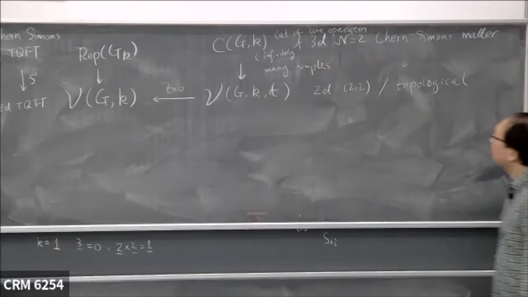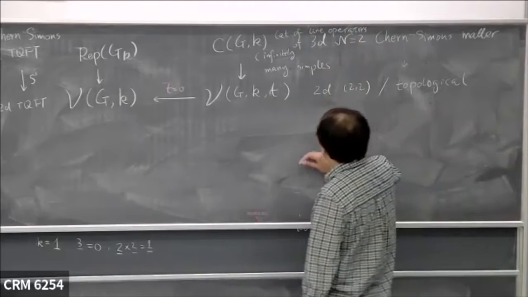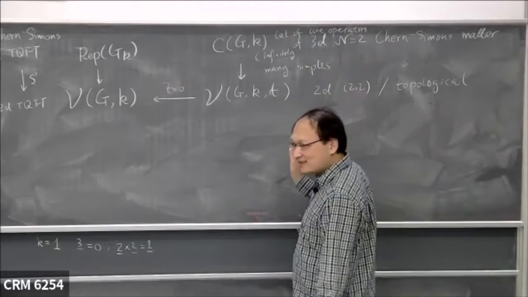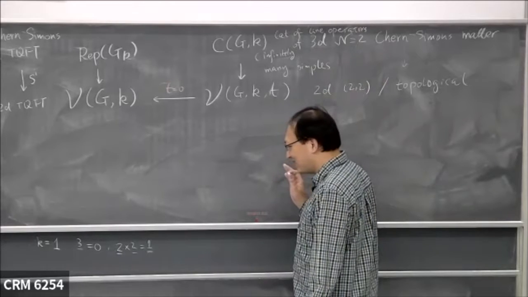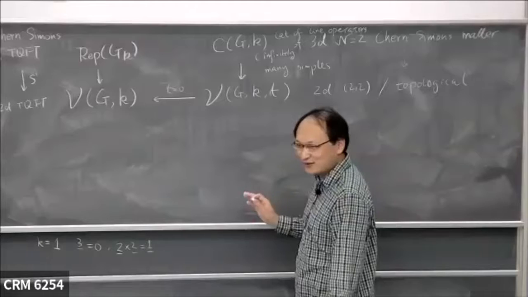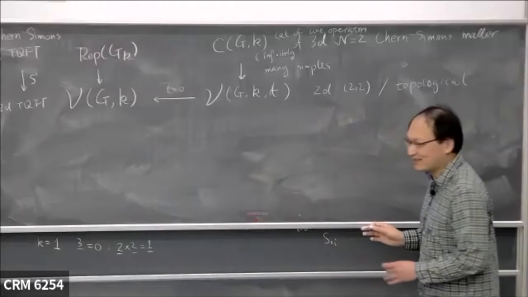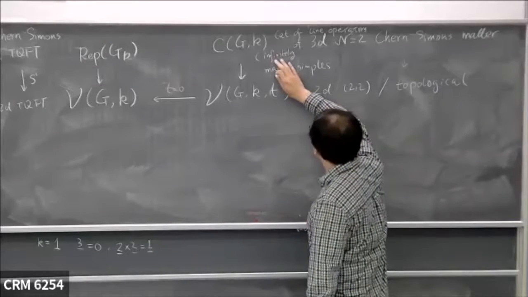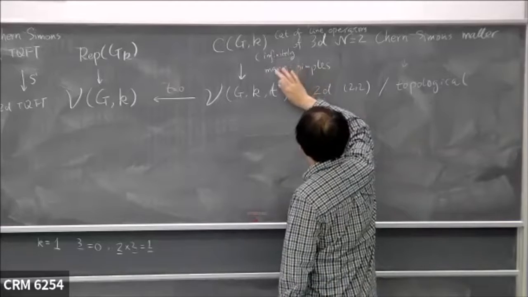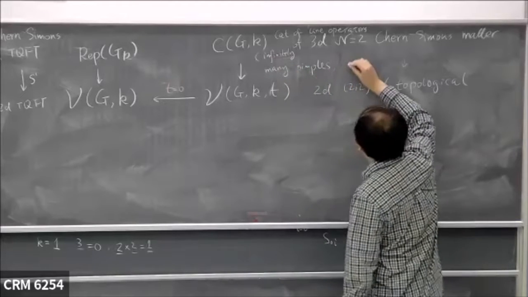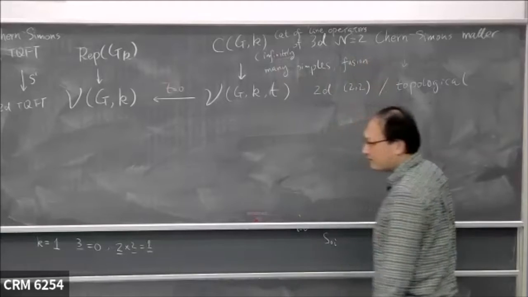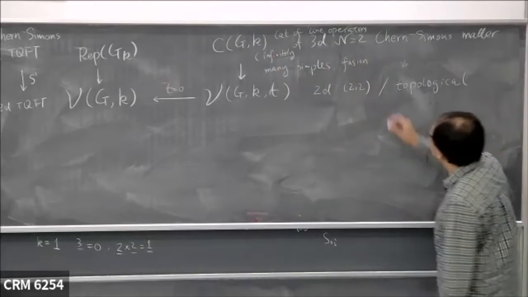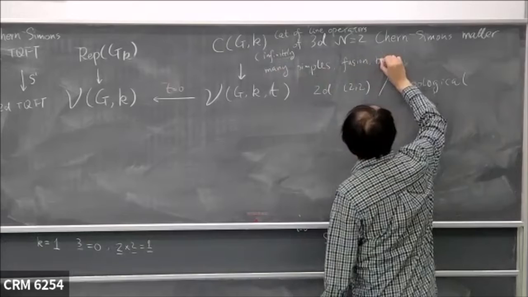We know that this should exist, but so far there is not enough effort to fully characterize this category. But we do know that it should have many simple objects. There should also be fusion, and then there should also be braiding.